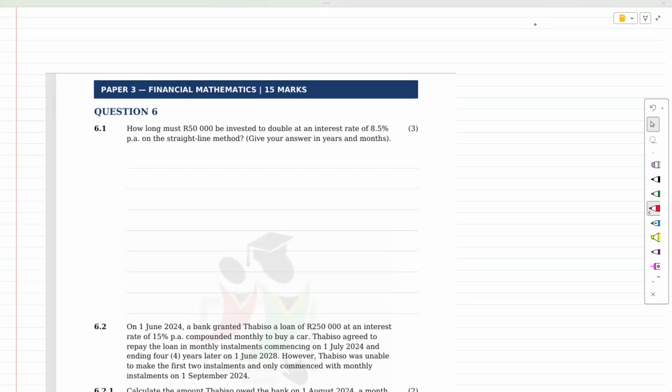Okay, how long must 50,000 Rand be invested to double at an interest of that? It's a straight line method. Guys, this is just basically simple interest. So see here, this is A, P, I, N. If P is 50,000, if it doubles, that means basically that's 100,000.